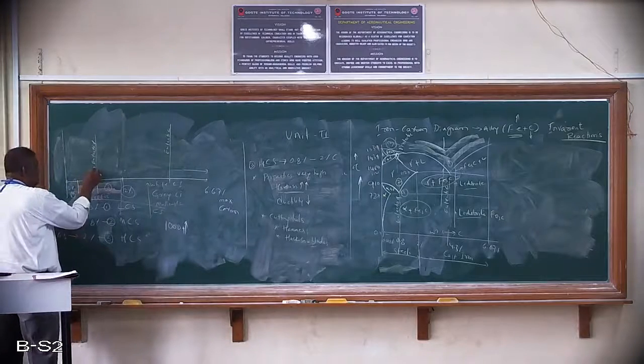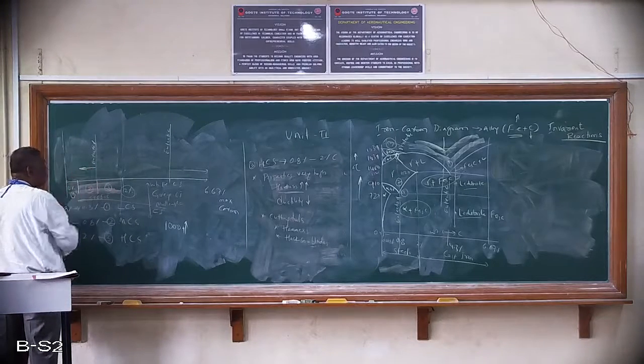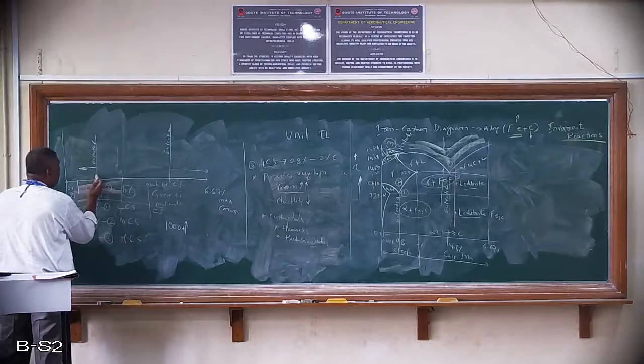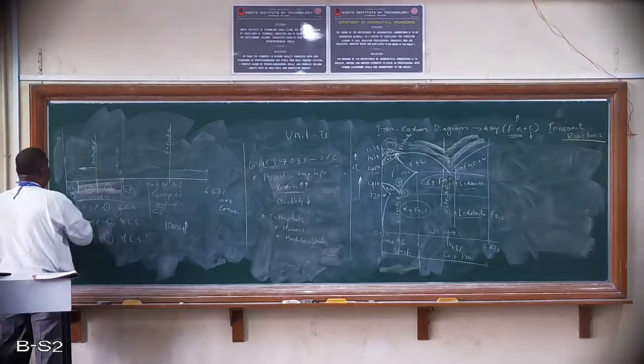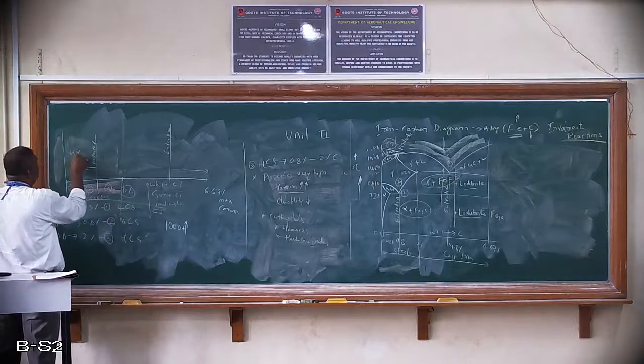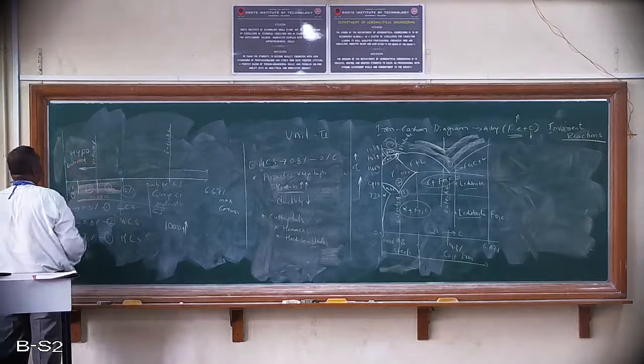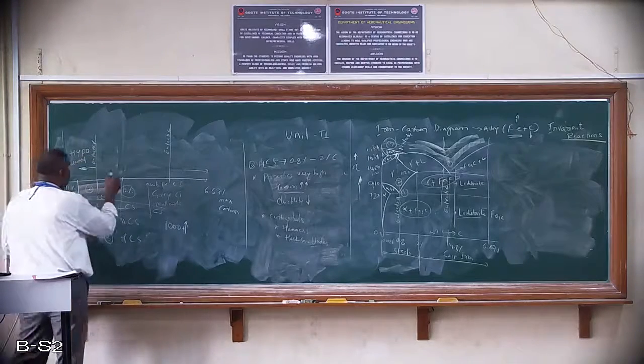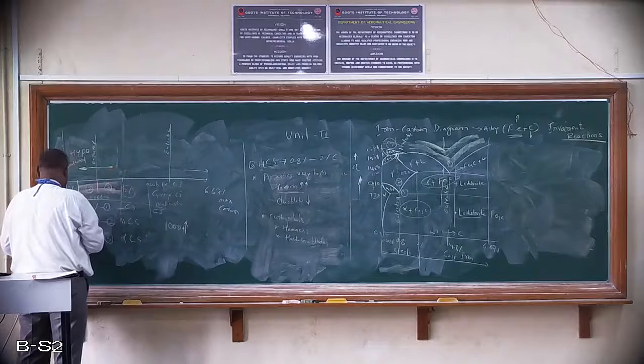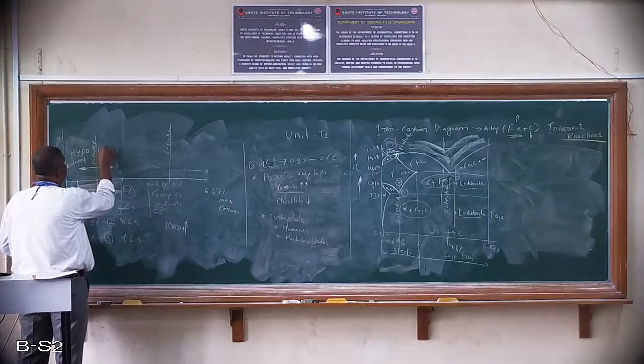Now the left side of eutectoid is called hypoeutectoid, and the right side of this is called hypereutectoid.